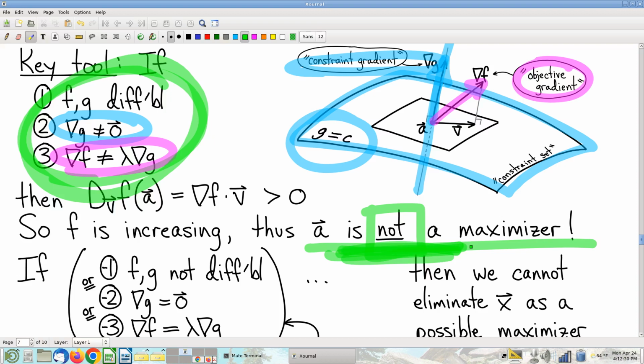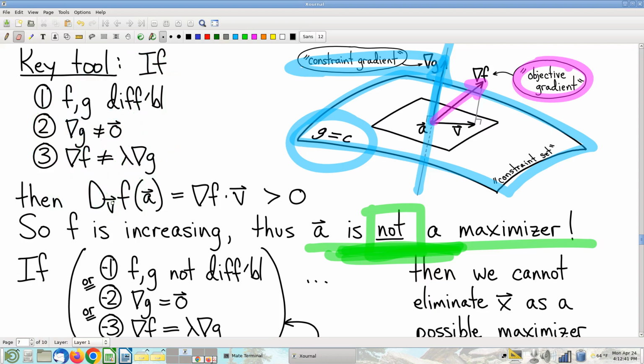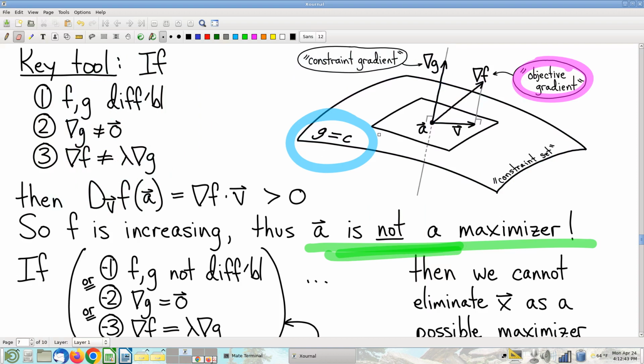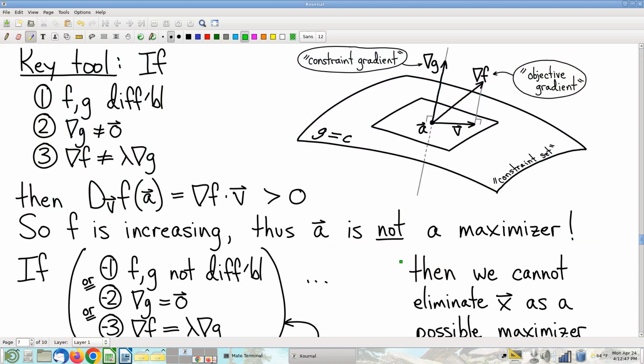The good news is, for most of the points in your domain, these three conditions will all be satisfied most of the time. So what we're going to call a critical point is just points where our argument fails. Points where one of these functions fails to be differentiable and I can't do calculus. Well, that kills the argument.